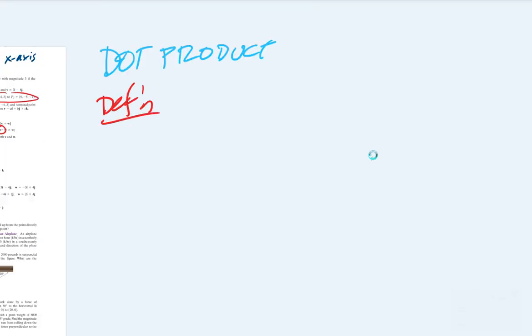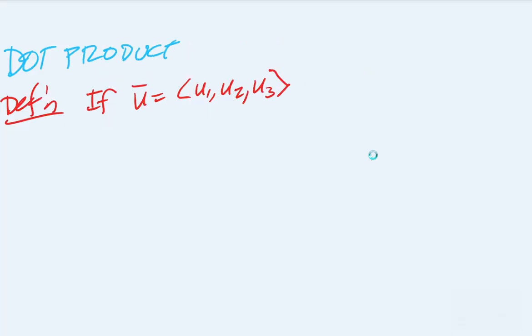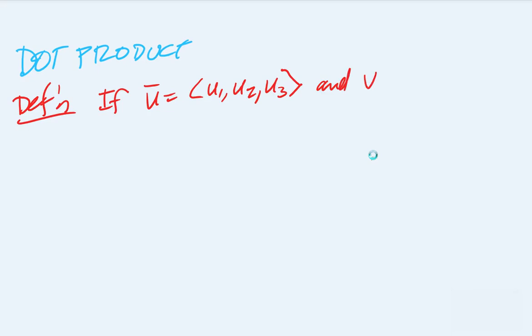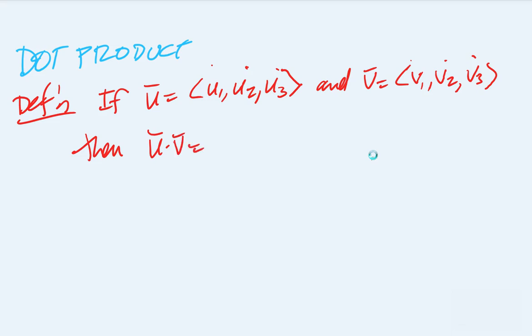So let's talk about the dot product. Okay, so definition. If u is u1, u2, u3, so we're in 3 space, a 3-dimensional vector, and v is v1, comma v2, comma v3, then the dot product is just the product of the corresponding components. So u dotted with v is just u1 v1 plus u2 times v2 plus u3 times v3.